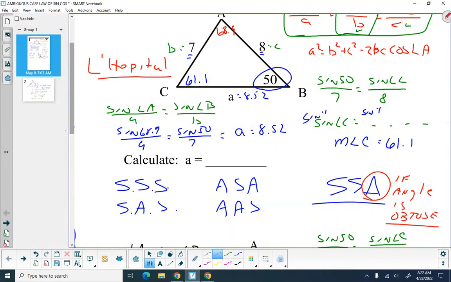I'm sorry, L'Hopital's rule. He paid hush money to have a rule in mathematics called L'Hopital's rule. The sordid stories of mathematicians. Well, I don't want hush money. I just want it named after me. So.